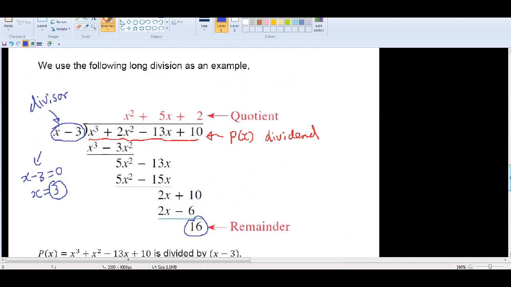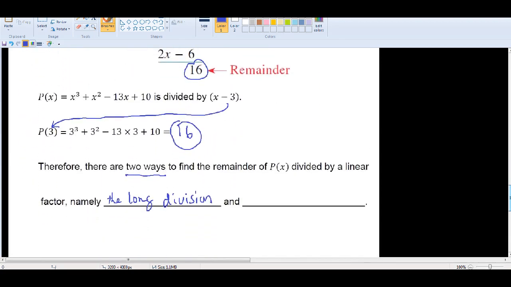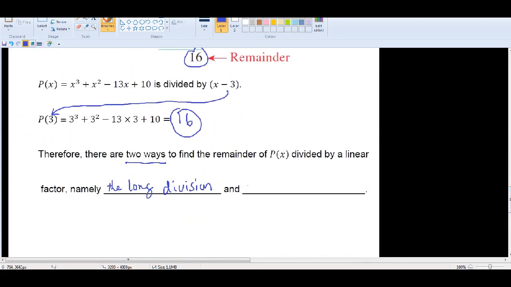Okay, the long division means the whole process. It's a very tedious process we've learned last time, and our remainder theorem.